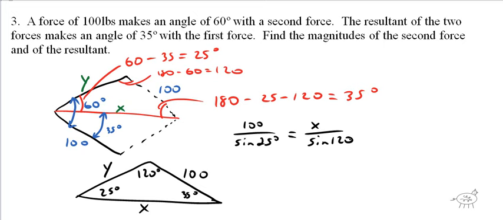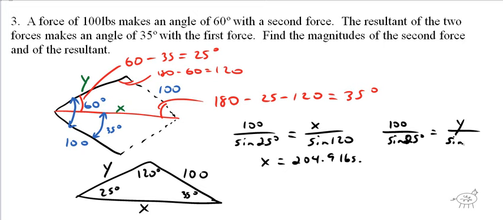All right, so we cross multiply and divide, and we wind up getting x equals 204.9 pounds. Okay? And let's do y now. So we're going to do the same ratio, 100 over sine of 25 equals y over sine of 35.